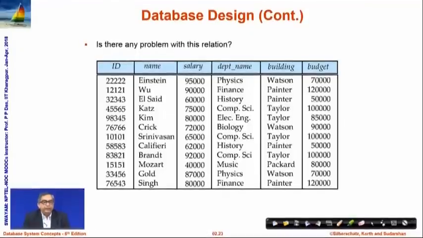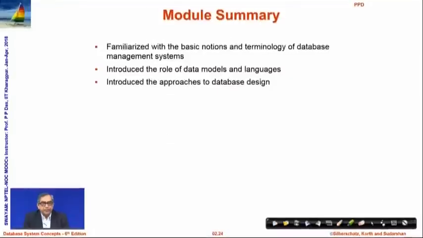If you look carefully, this certainly comes from the business decision that you need to know the department to which an instructor belongs, and certainly you need to know the building in which that department exists. So, knowing the department of the instructor and the building where the department is are critical, but the question is: is this a good design? We will discuss why this may not be a good design to represent the data.